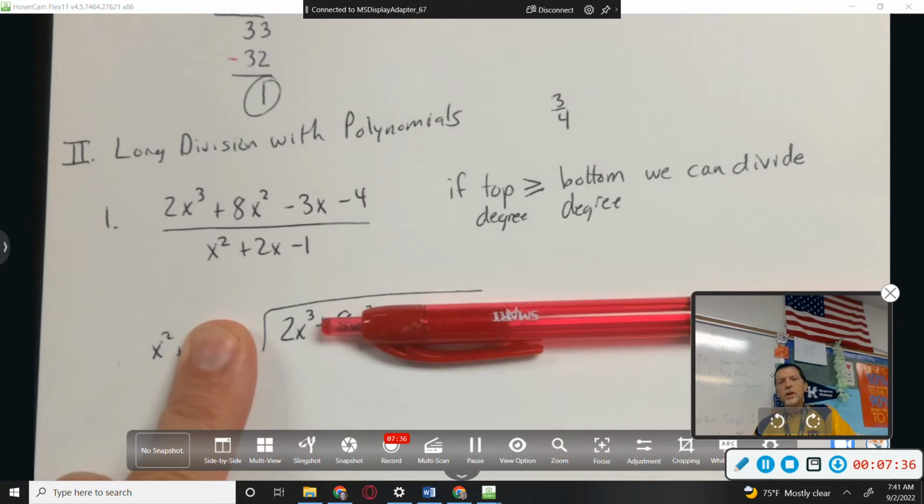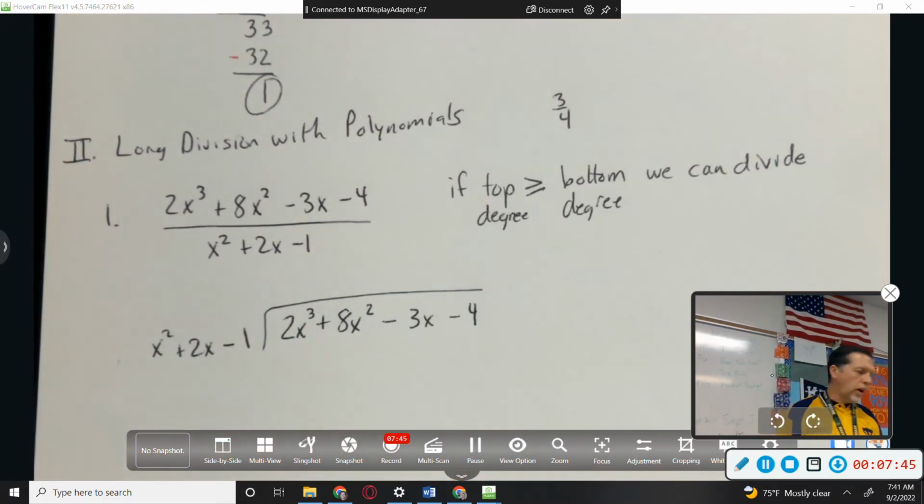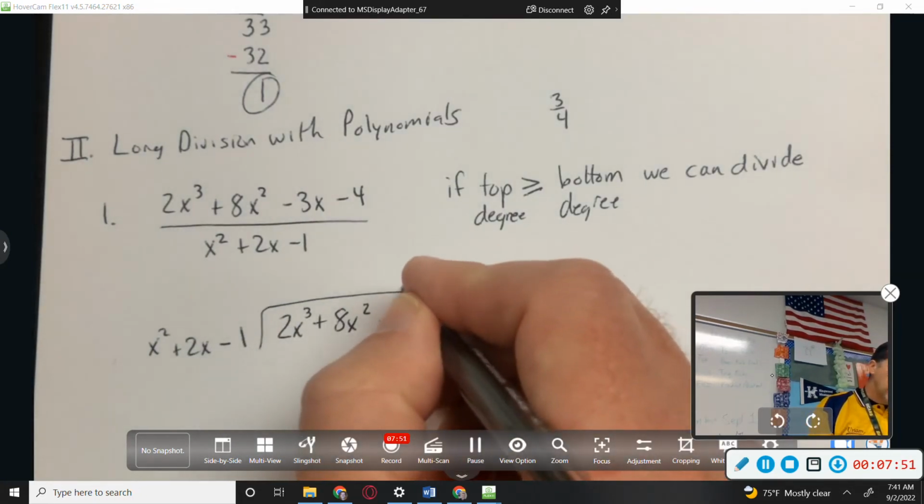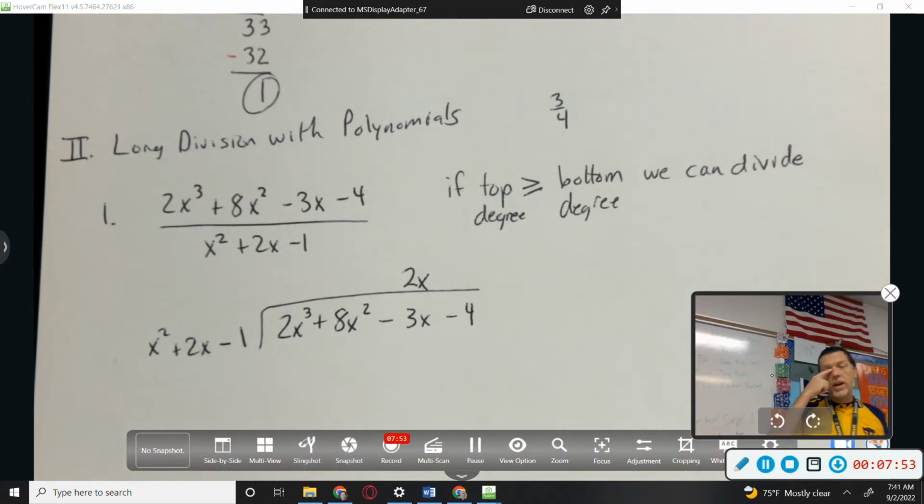What times x squared would get me to 2x cubed? 2x. I need a 2 and I need another x. So I'm going to start with 2x. Some people start over here at the left, but I like to keep things lined up. So I'm going to put the 2x over the 3x. That's going to be my x column. My power columns will all be the same.